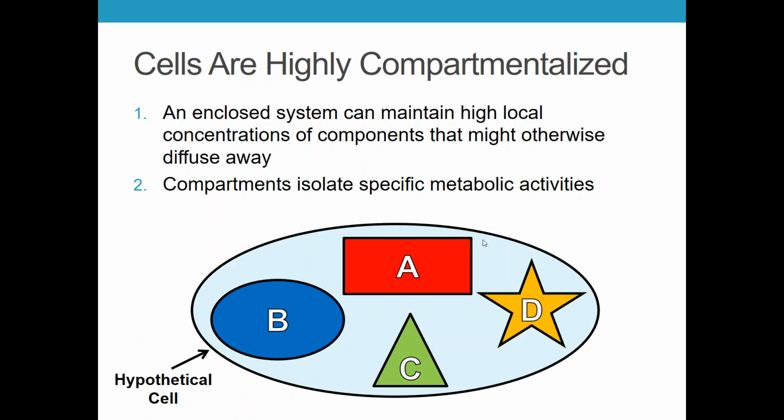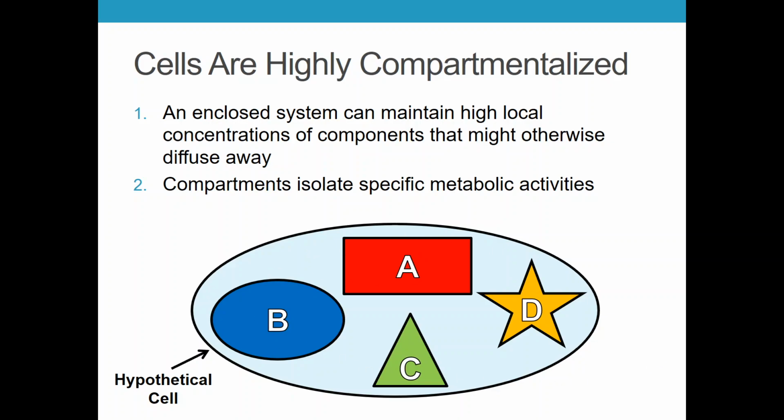The volume of the cell is much higher than the volume of each individual compartment. So if I have the same number of molecules of A in this compartment, the concentration is going to be higher compared to the situation where the same molecules of A spread out over the entire larger volume of the cell.